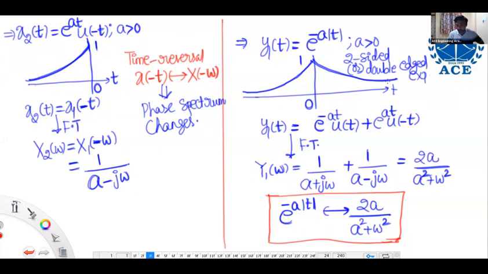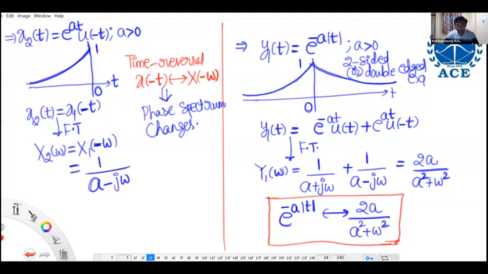Addition of signals is simple linearity for us. When we add the signals, the respective spectrums are also added. First signal spectrum is 1 by a plus j omega, second is 1 by a minus j omega. Overall it becomes 2a by a square plus omega square.